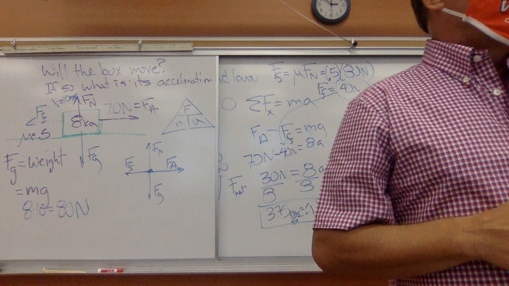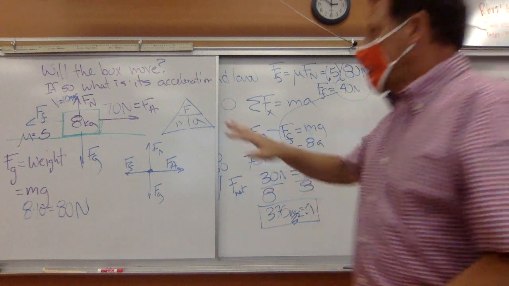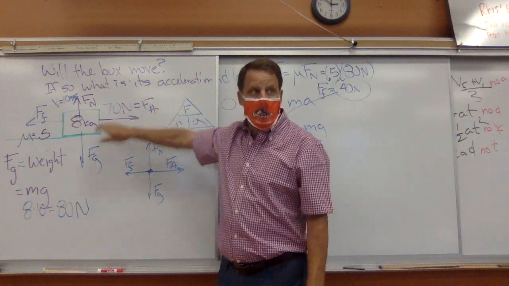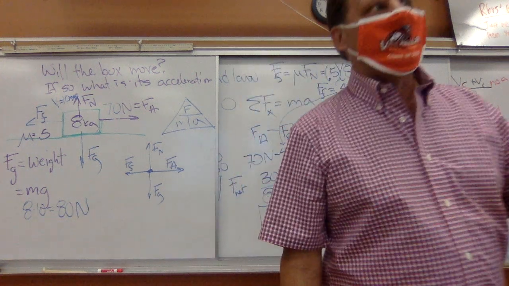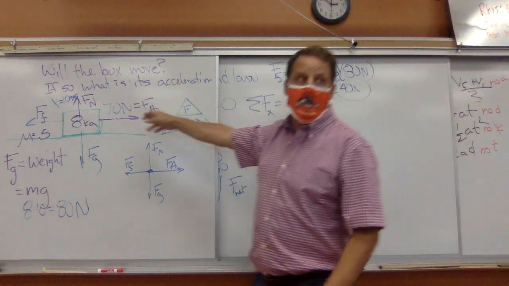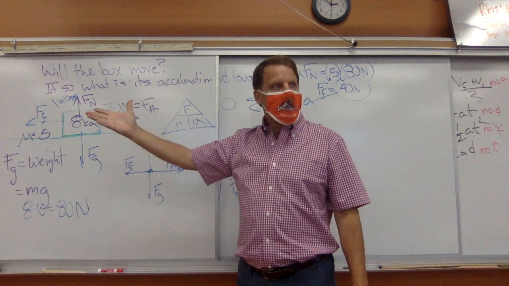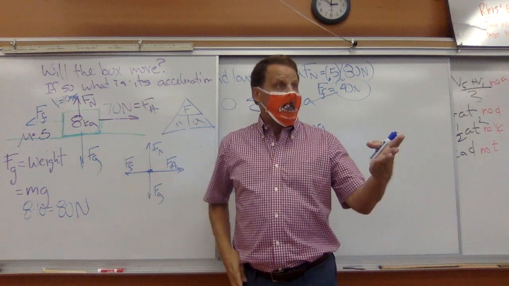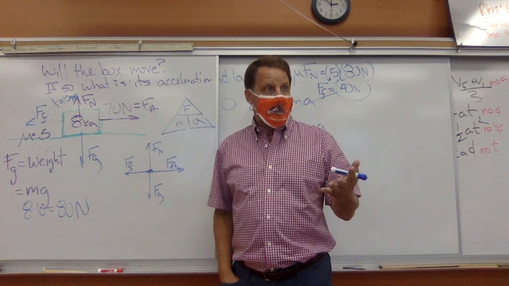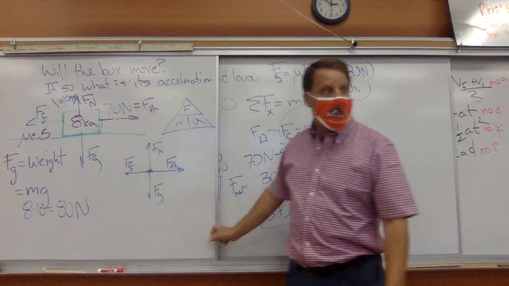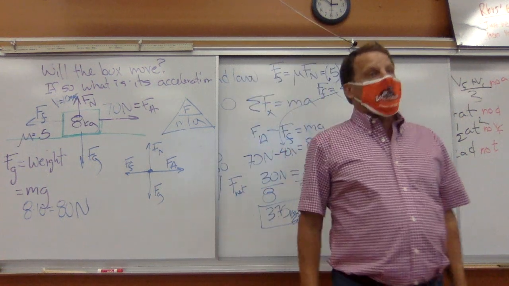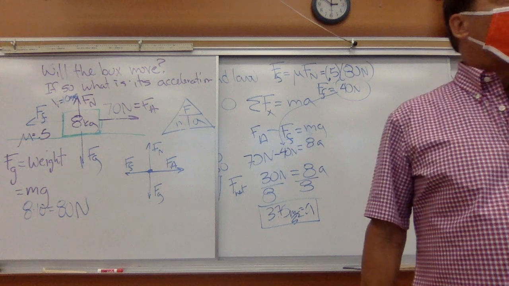Now, will the box move? Yes or no? So if we had 70, then the answer would be yes, it would move. And if our applied force was 7, then the answer would be no. Then the next question is going to be, what is the acceleration? In this case, if it was 70, it would be 3.75.